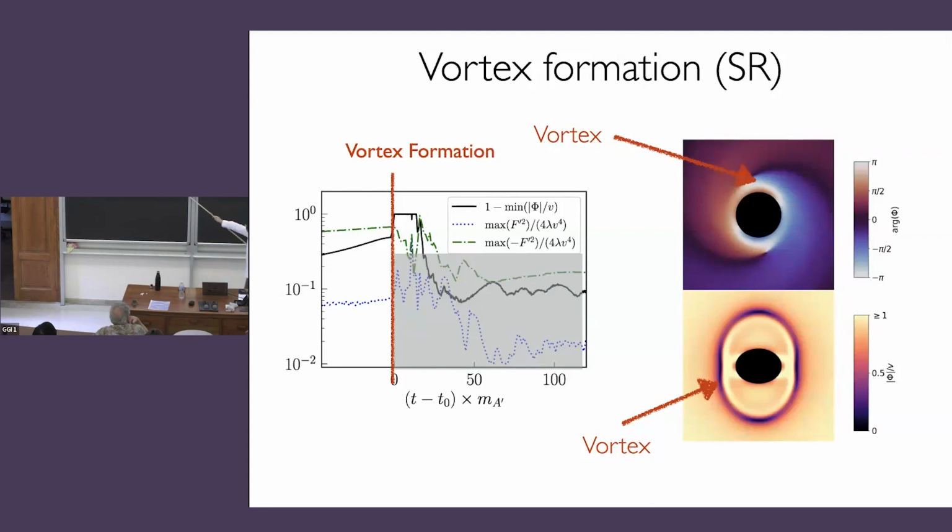So at this t equals 0, this is how the field structures look. You see a vortex loop which formed, both in the amplitude of the radial mode and also in the phase. So here you see a vortex, which is basically the location where the angular phase goes from 0 to 2 pi. Okay, so this is a vortex, and it formed as a loop.